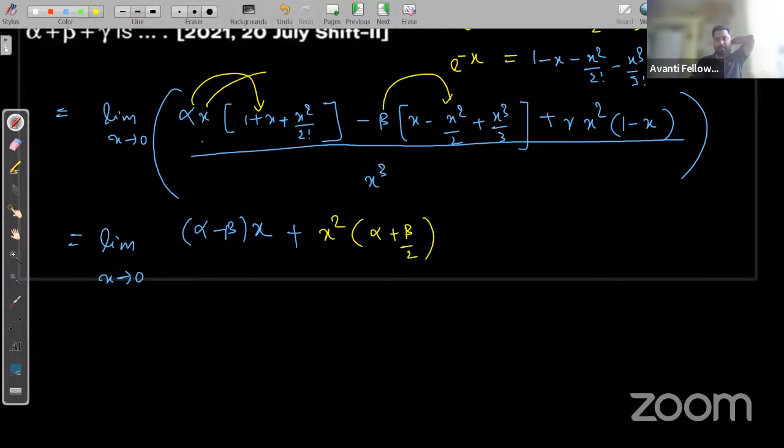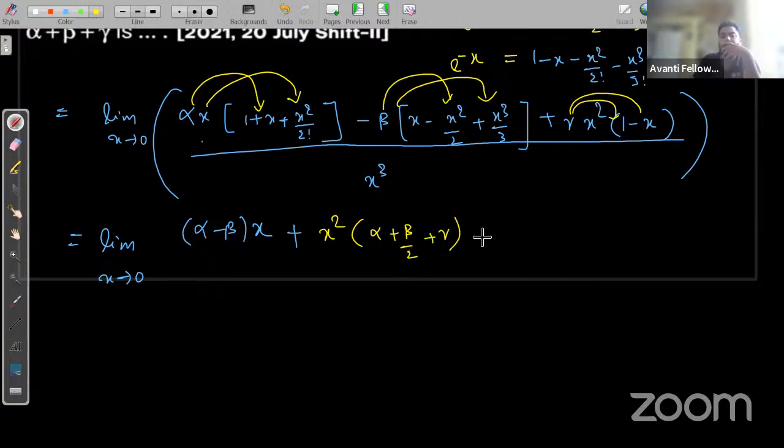Similarly, if you multiply alpha x with x square by 2 factorial, it becomes alpha into x cube by 2 factorial, and this becomes beta into x cube by 3, and here also we are having gamma. When we multiply gamma into x, we also get another term with the coefficient of x square, that is plus gamma.